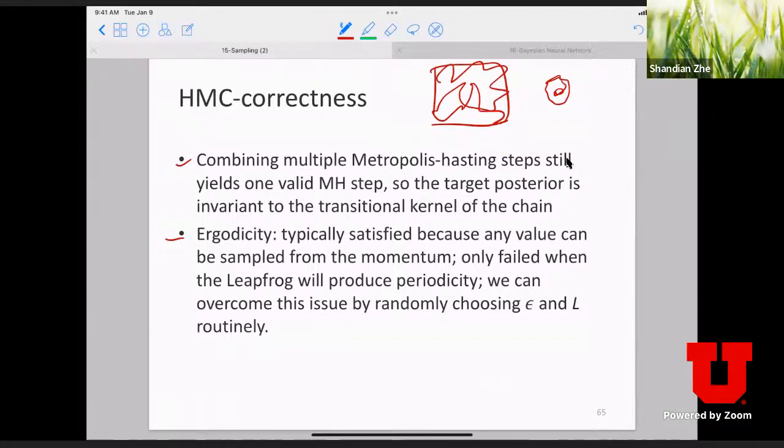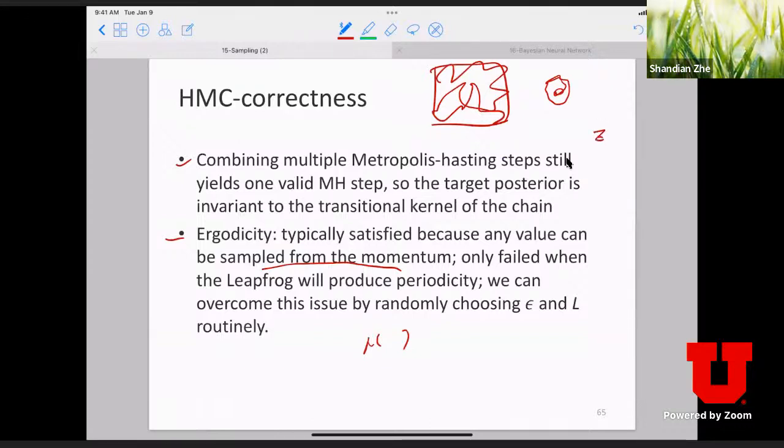This could be a point to worry about, but typically ergodicity is still satisfied because every time we sample the momentum, it comes from a Gaussian distribution. This is a typical choice. The Gaussian distribution covers all possible values that R can take, so you can further guarantee the ergodicity regarding Z.